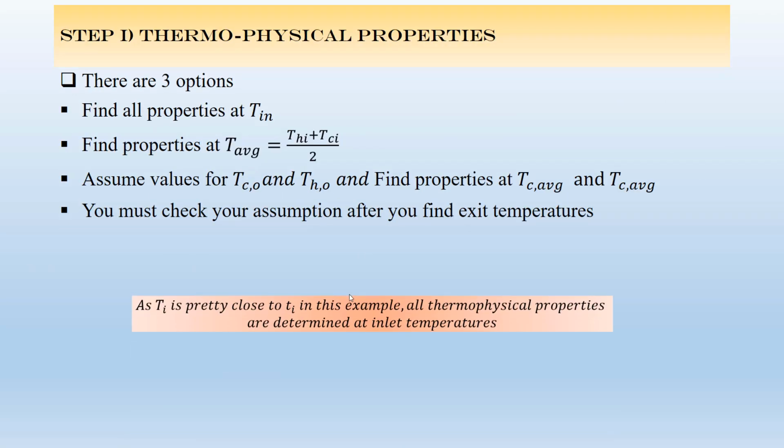So what we can do, we can actually find all thermophysical properties at the inlet temperature. So we can use two different temperatures. We can assume that the T average for the hot fluid is THI, and for the cold fluid is TCI.